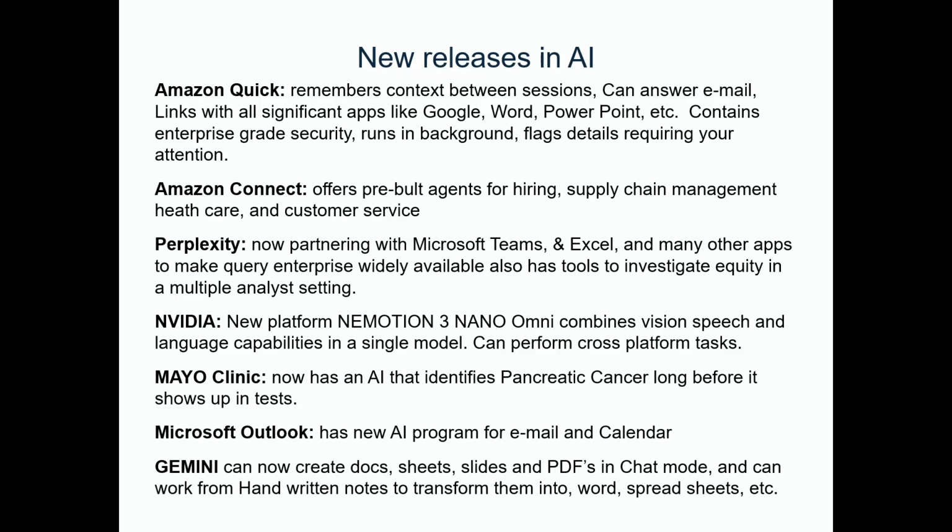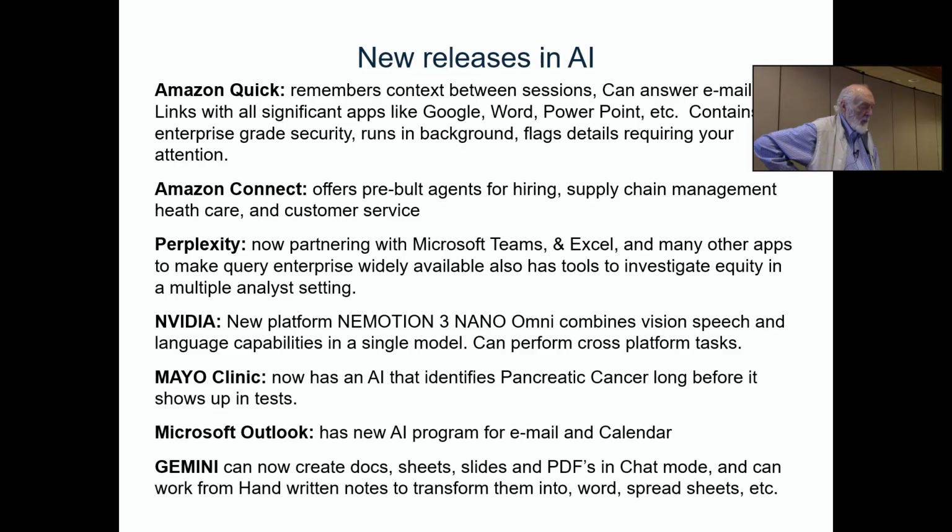All right. Amazon Connect has pre-built agents, a bunch of them. Perplexity, again, is partnering with Microsoft Teams. NVIDIA has a new platform, Nemotron 3 Nano Omni, which combines vision, speech, and language capabilities in a single model. It can perform cross-platform tasks.